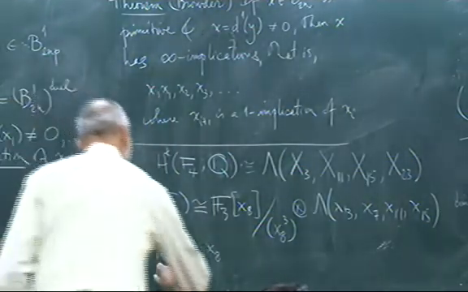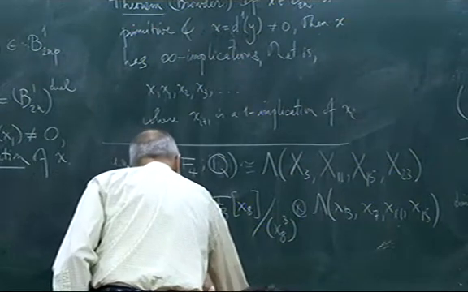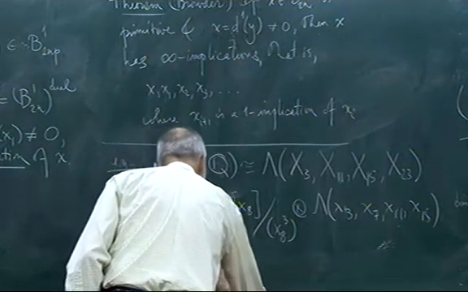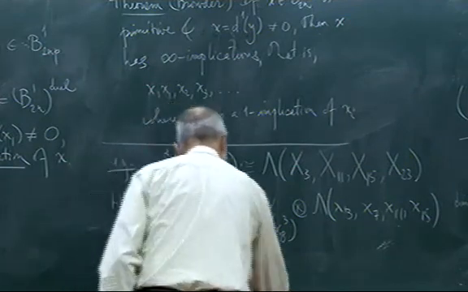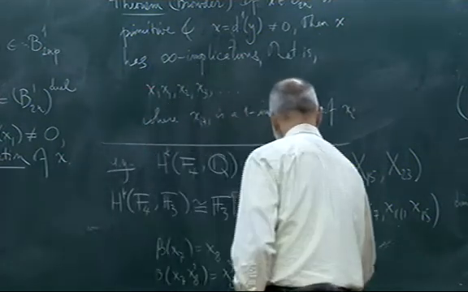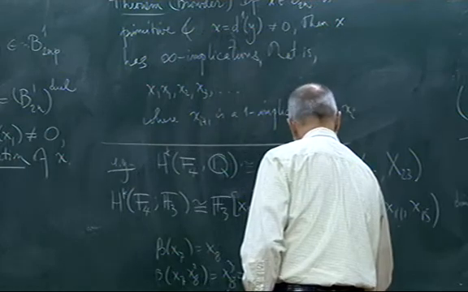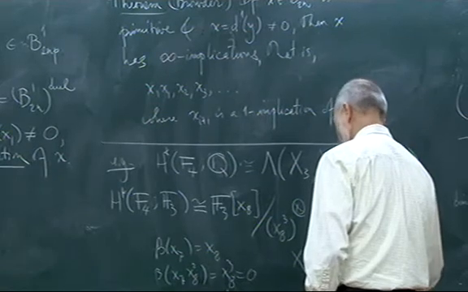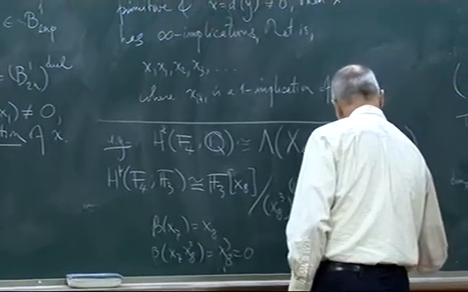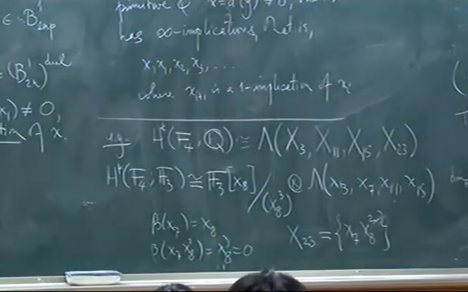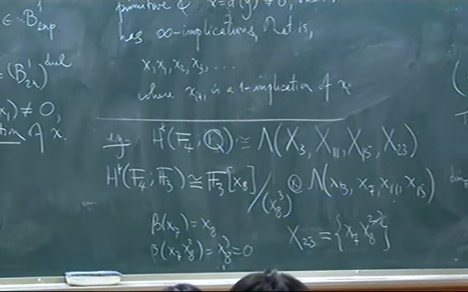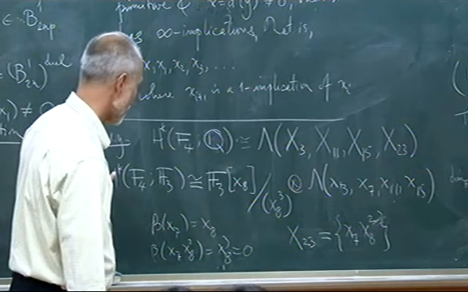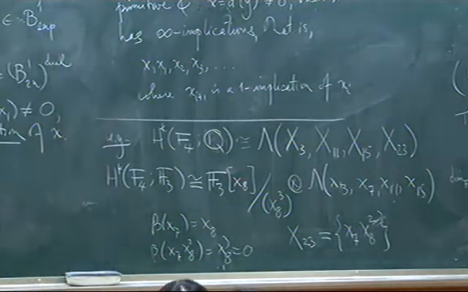And you can see the Bockstein of X7 times X8 squared will be X8 cubed, which is 0. And so the 23-dimensional generator is in fact represented by the class of X7 times X8 squared that lives to the infinite term in the Bockstein spectral sequence.